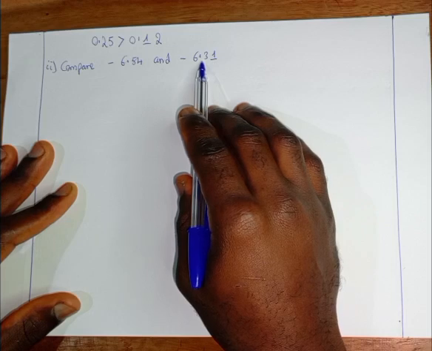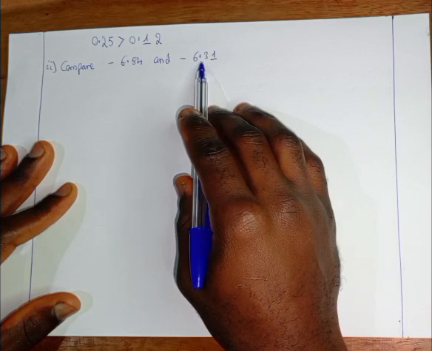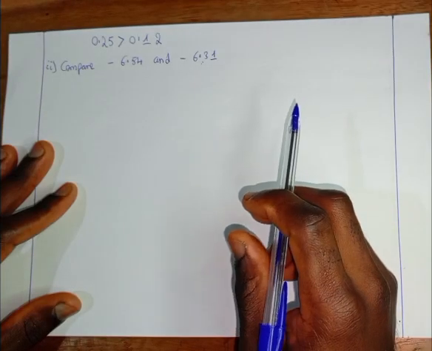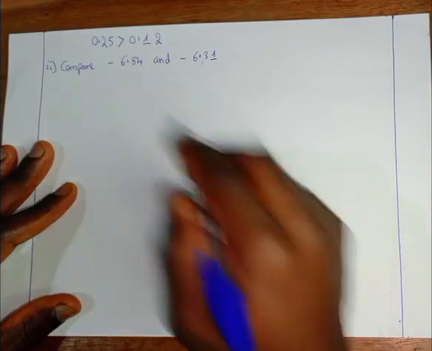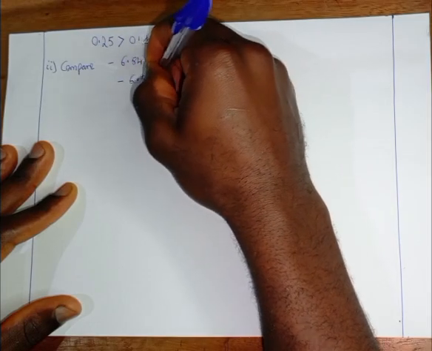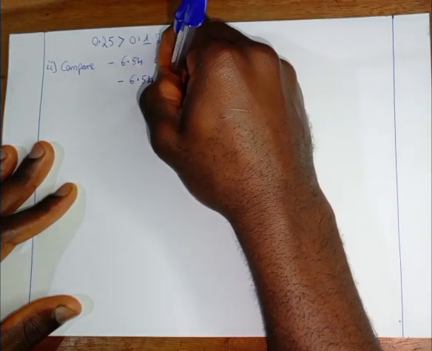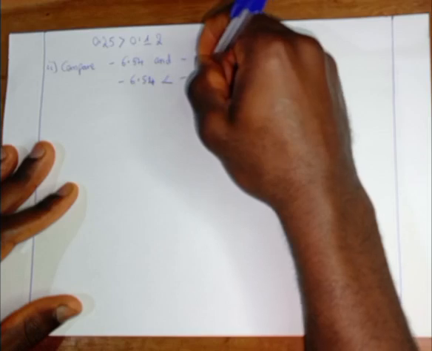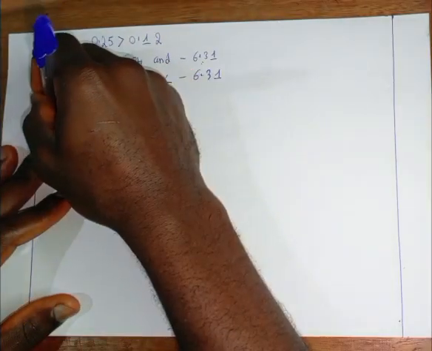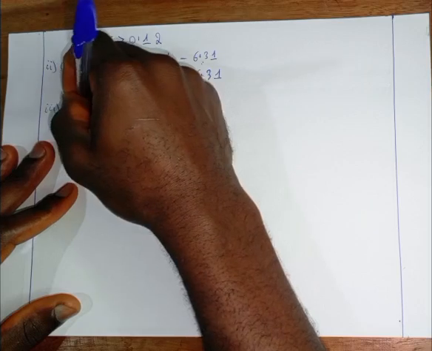So in this case, the bigger decimal will simply be the one with the smaller first digit after the decimal point. In this case, negative 6.54 is less than negative 6.31.